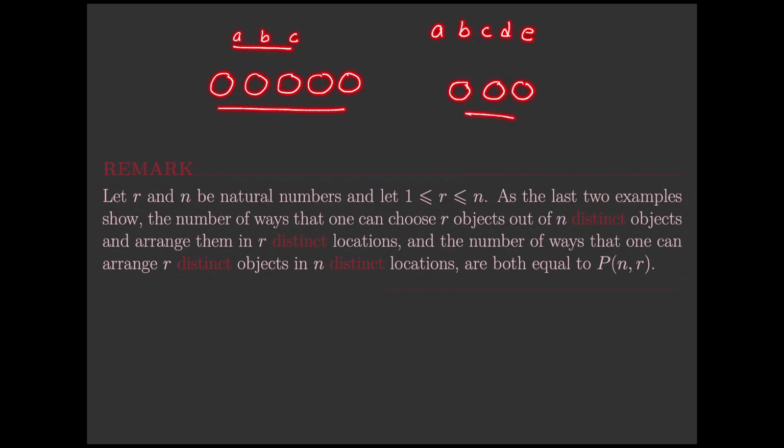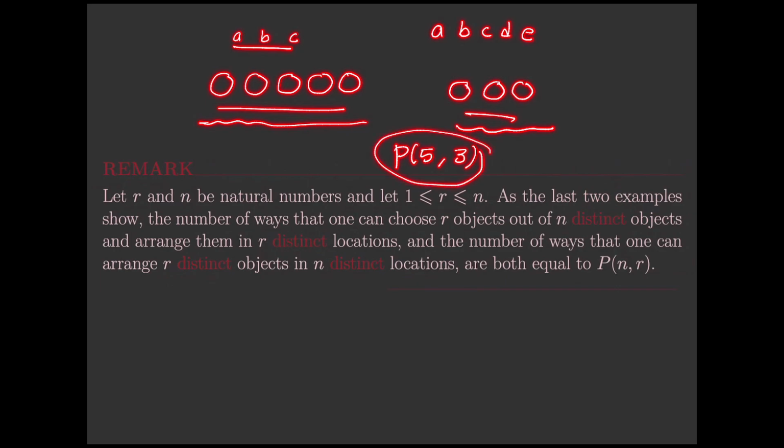And in this situation, some of the objects will not find a location. But the number of ways that I can solve this problem and the number of ways that I can solve that problem are both the same. And the answer to both of them is P. The bigger number here is 5, the smaller number here is 3.